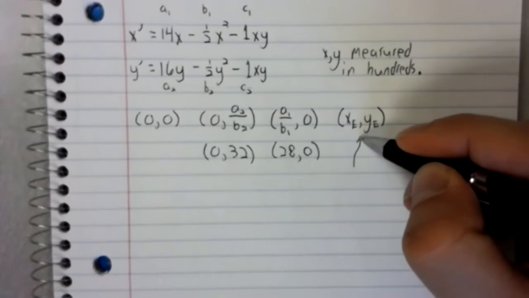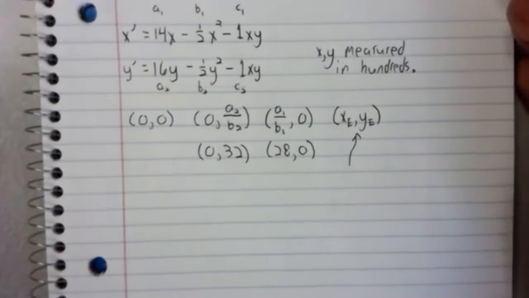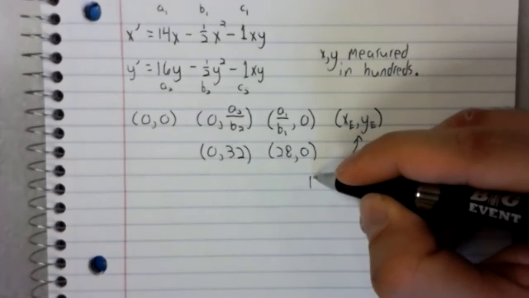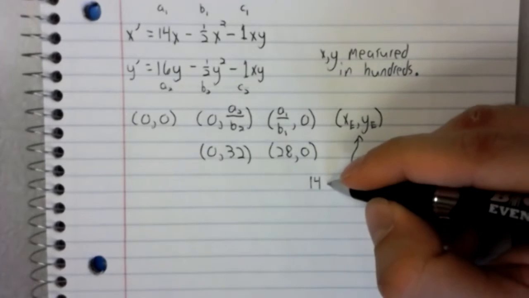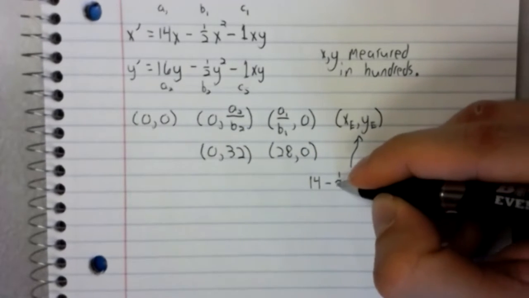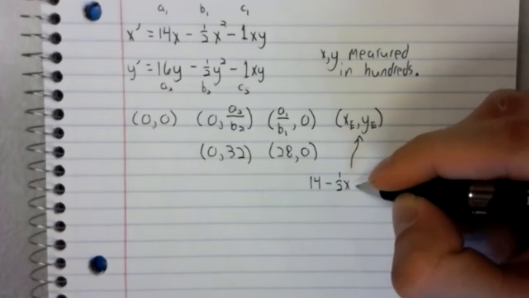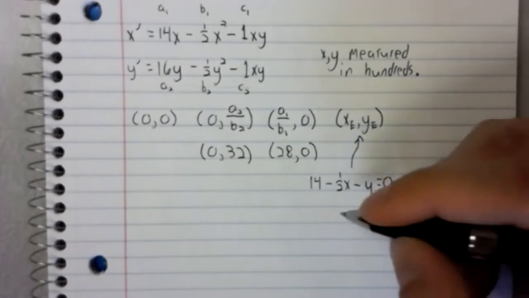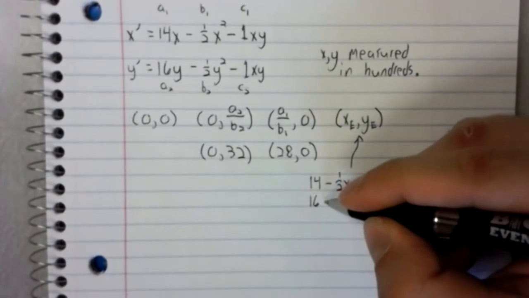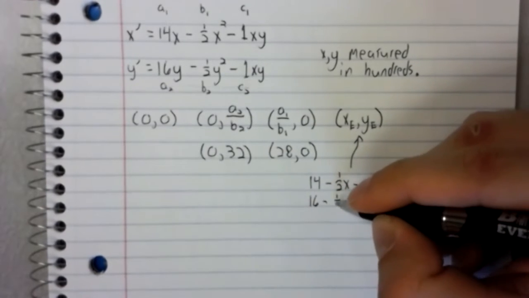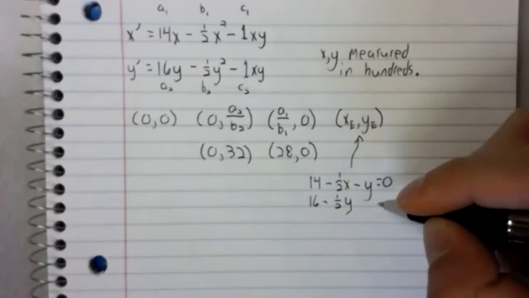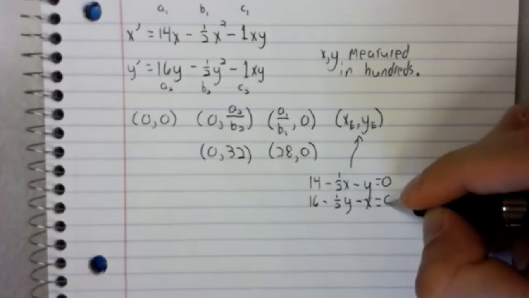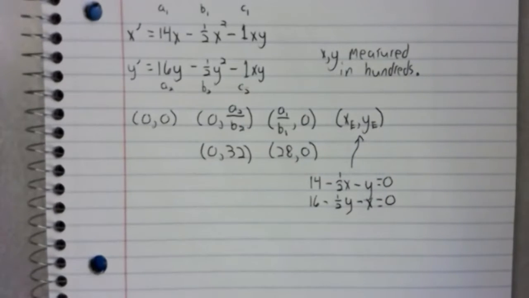This comes from solving the 2x2 linear equation 14 minus 1/2 x minus 1y equals 0, 16 minus 1/2 y minus 1x equals 0.